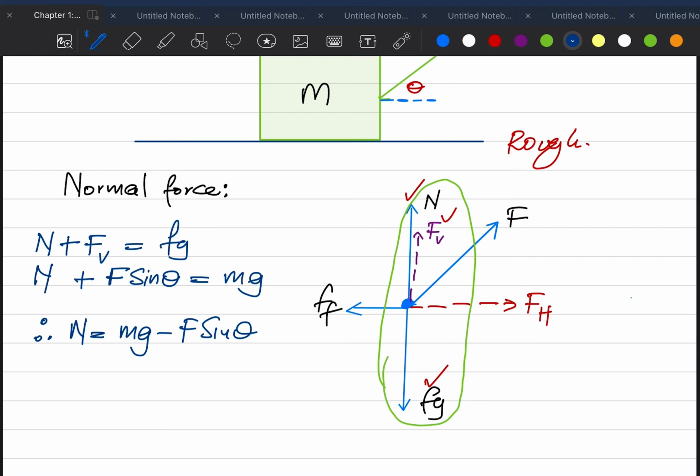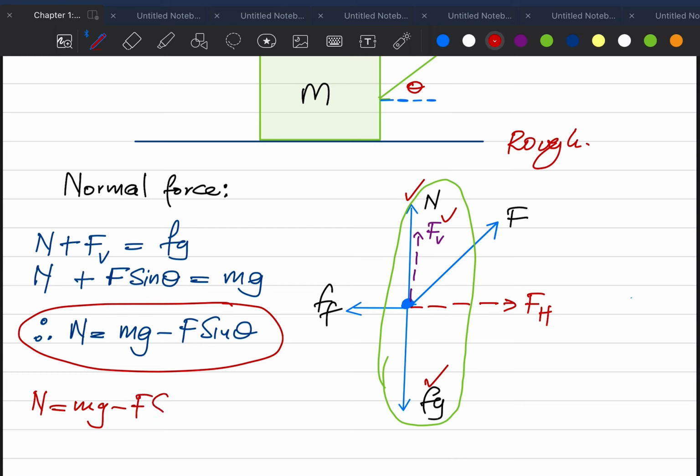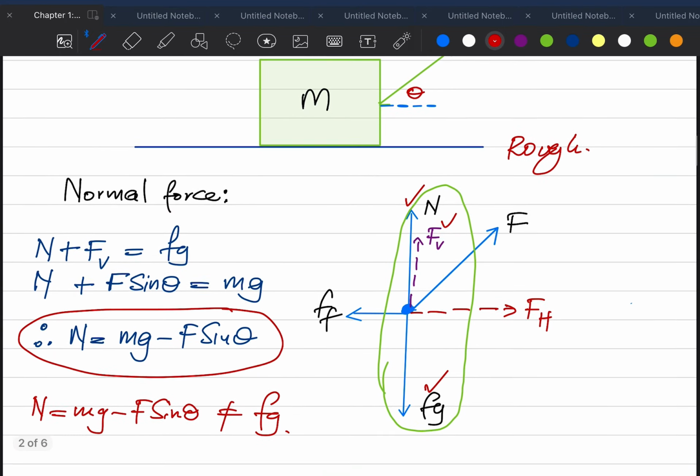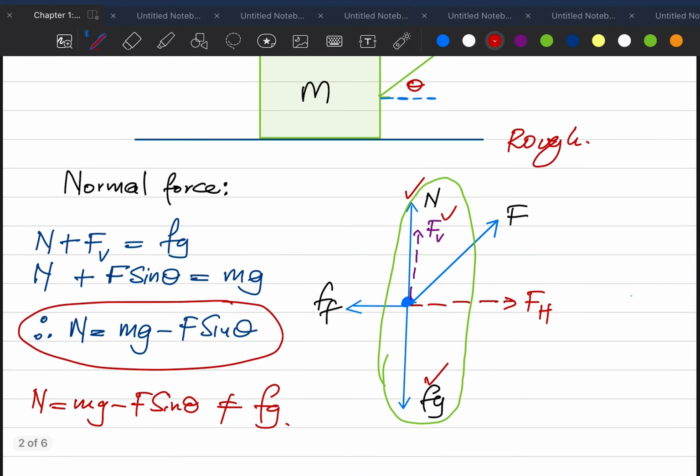This is my formula for normal force. You can see that normal force, being equal to mg minus F sine theta, cannot be equal to Fg. So the normal force is not equal to Fg, but rather it is equal to mg minus F sine theta. This is the formula for normal force for this case.